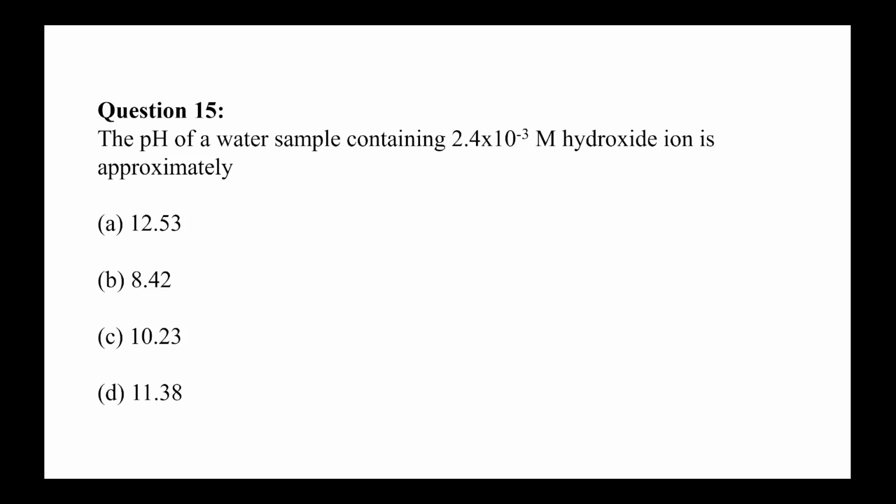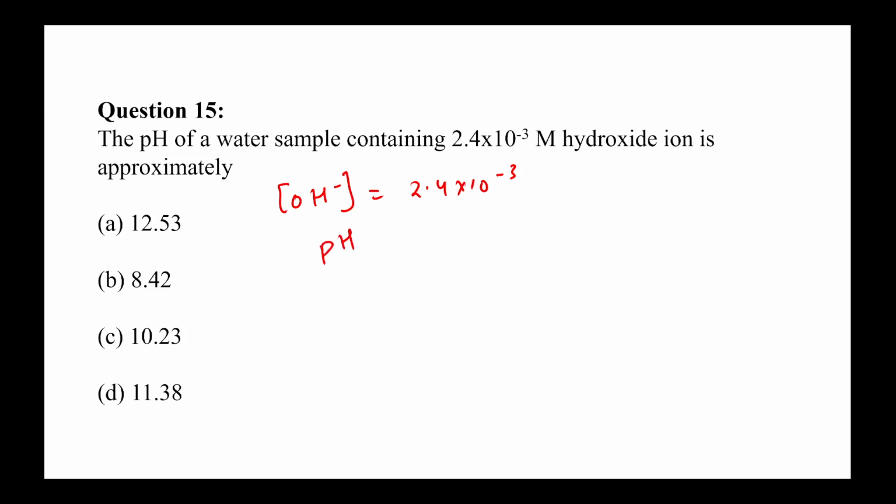Question number 15. pH of a water sample containing 2.4 into 10 raised to the power minus 3 molar hydroxide ion is approximately. So OH minus concentration is given as 2.4 into 10 raised to the power minus 3, and you have to calculate pH.